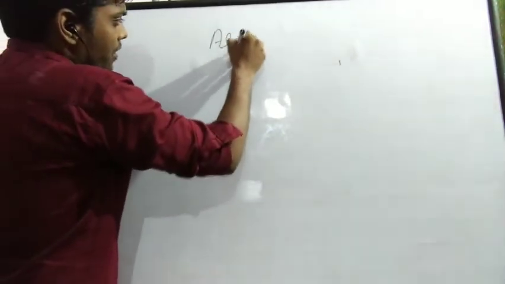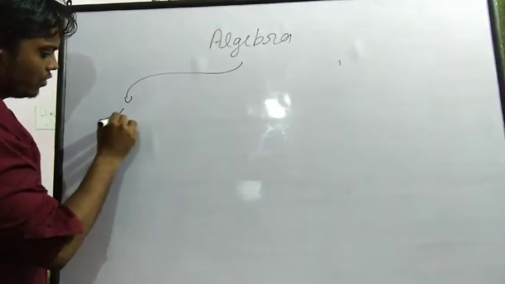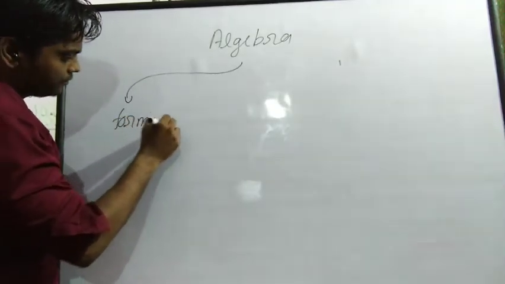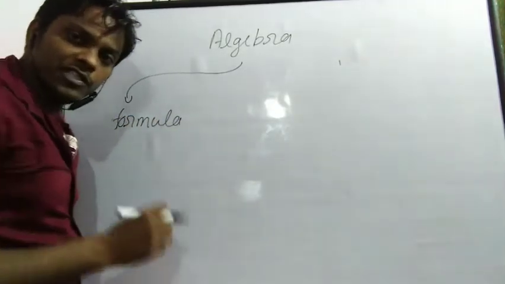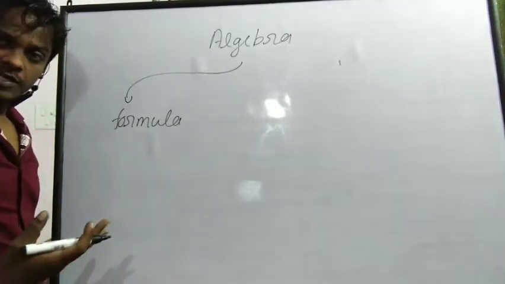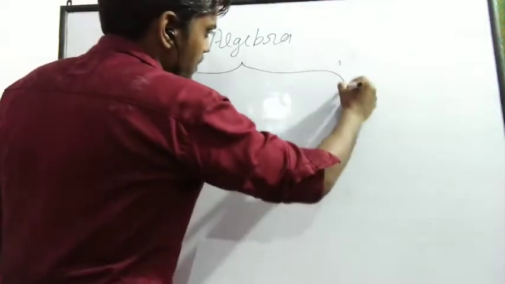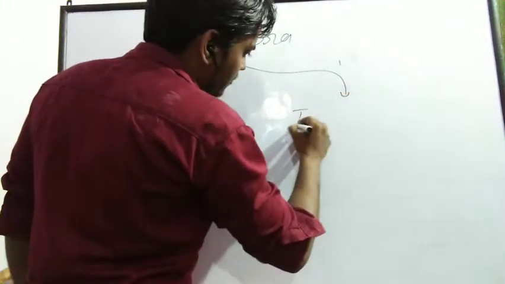In algebra we can form formulas. With the help of these alphabets we can extract formulas for some subjects or processes, and identify the value.